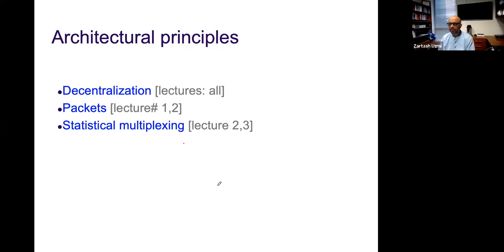But that doesn't happen. We don't pay for switches. We don't pay for links. The service provider pays for switches, the service provider pays for links. And what we mean by statistical multiplexing is that when I need to use the network, I just use the network. When I'm not using the network, somebody else can use the same resources.